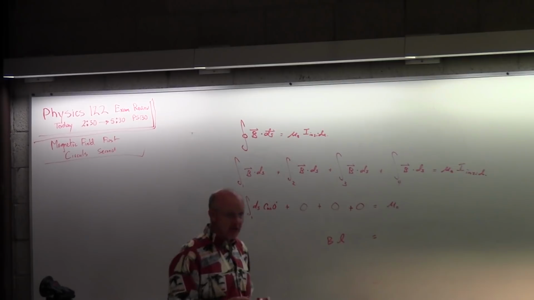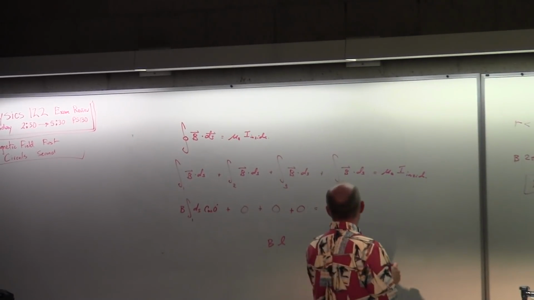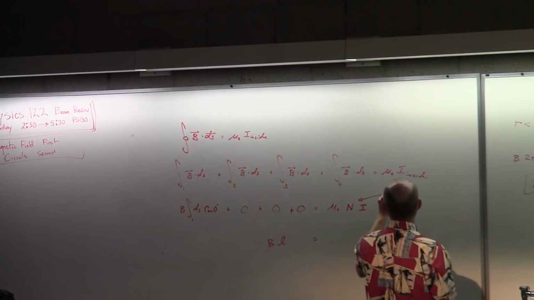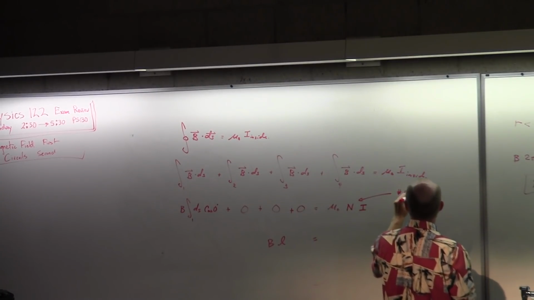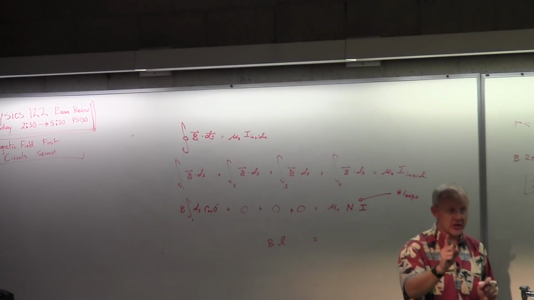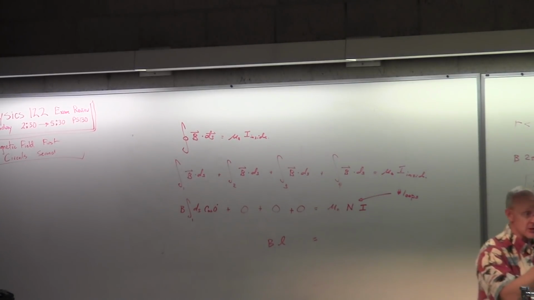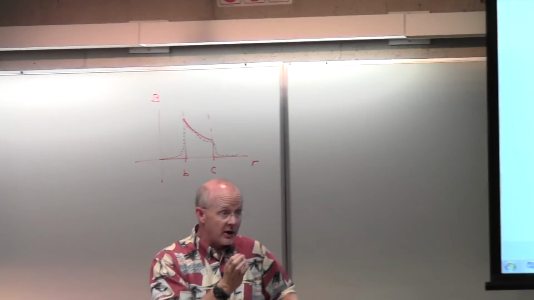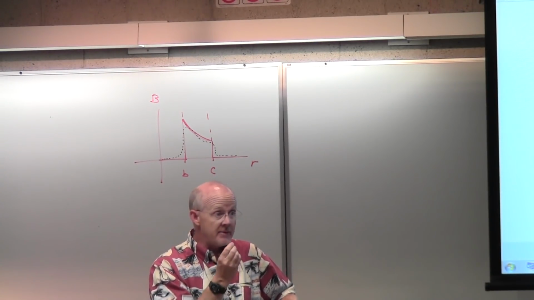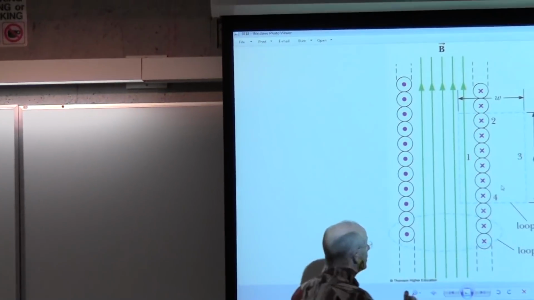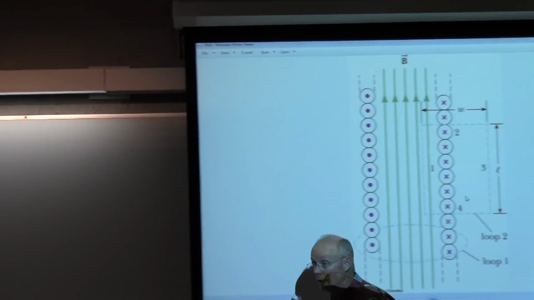But what I am going to say is I can write this as n times the current, where again n is the number of loops, but I do not mean the total number of loops in the solenoid. You catch that? Because that was different. The toroid, I meant n was the total number of turns in the toroid. Fair enough? What do I mean here? Yeah, n is the number of turns inside of my Amperean loop.